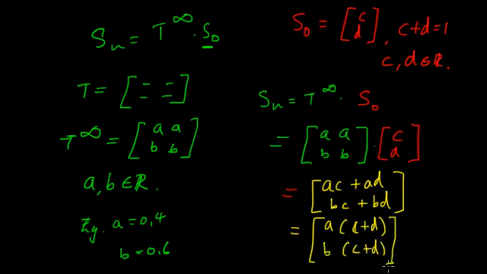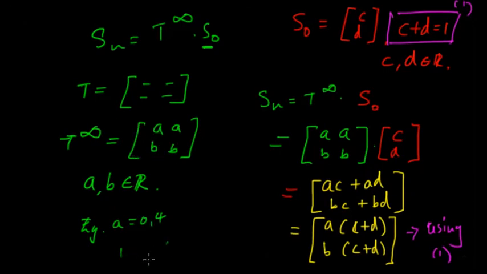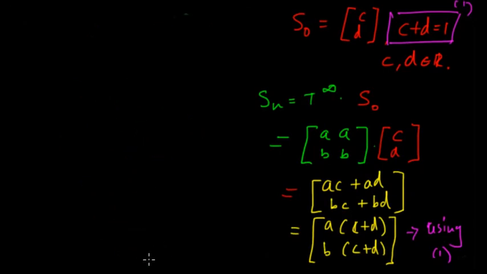Now, referring back to here, we have our equation that C plus D is equal to 1, because remember these are just the probabilities. So we can just sub this in, using 1. Okay, I'm going to rub this side off. And then we have it equal to A times 1, B times 1.